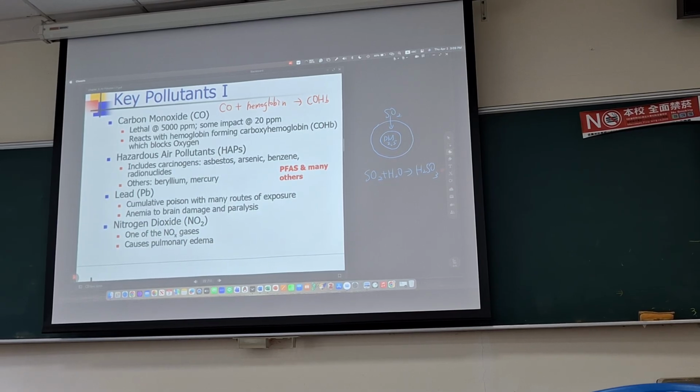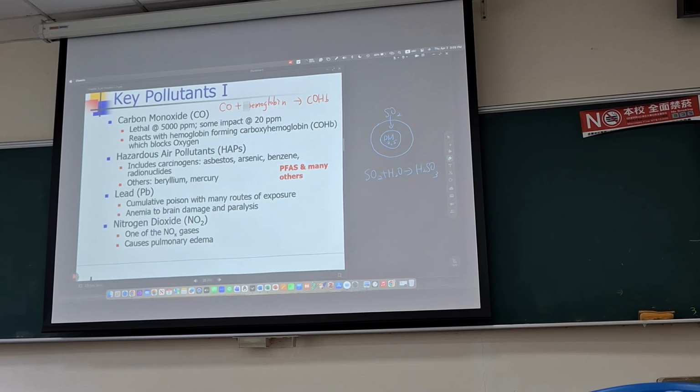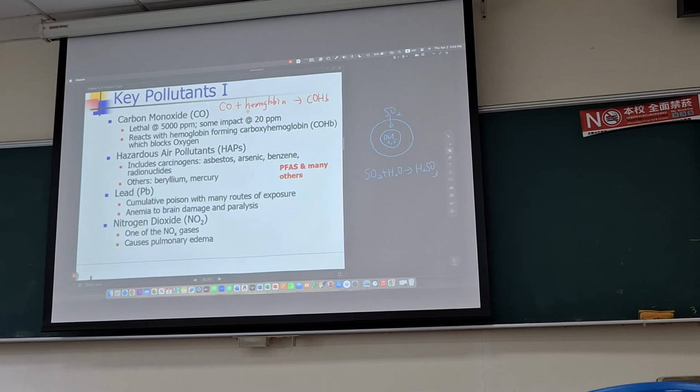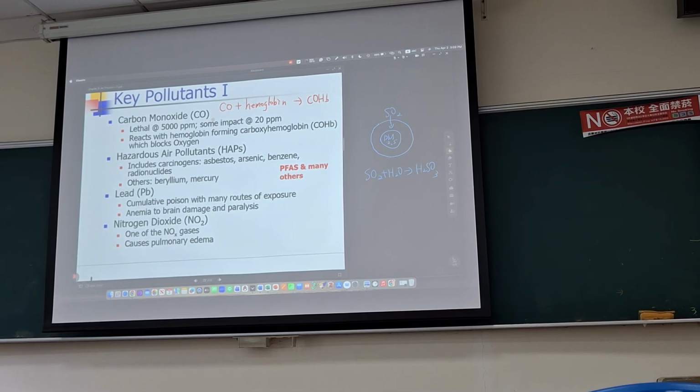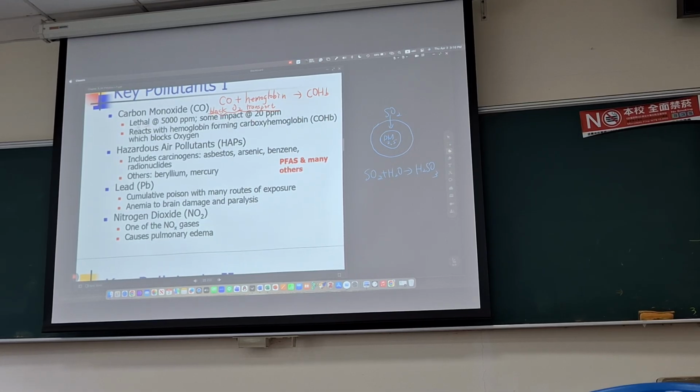So the problem with carbon monoxide is that it competes with oxygen to bind with hemoglobin, and carbon monoxide has almost 200 times stronger binding capacity than oxygen. So it's going to block oxygen transport in our body, and it can be lethal.